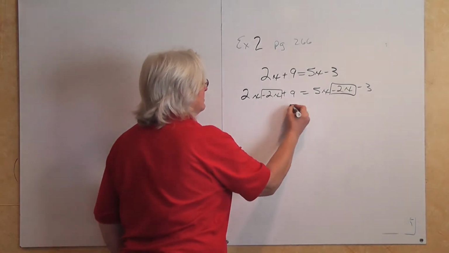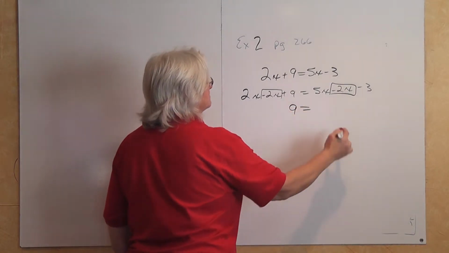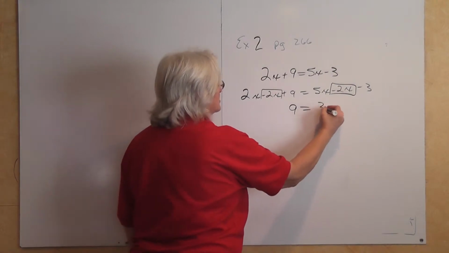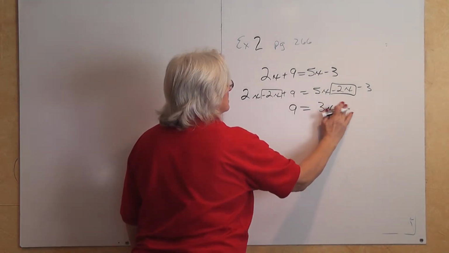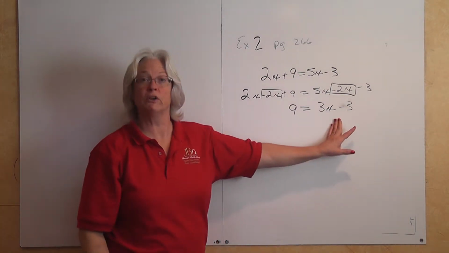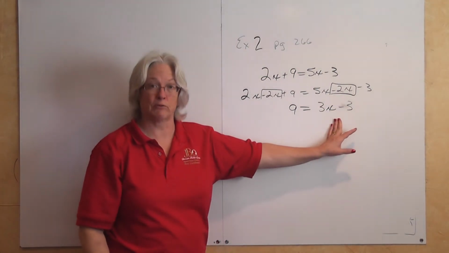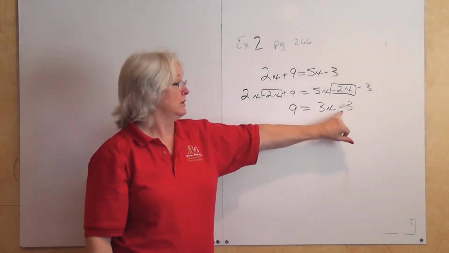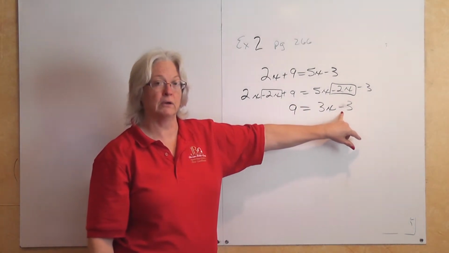So I have 9 is equal to 5x minus 2x. You subtract the coefficients, 3x minus 3. We're going to solve so that our x is on the right-hand side of the equation. So what's been going on here? We've subtracted 3.